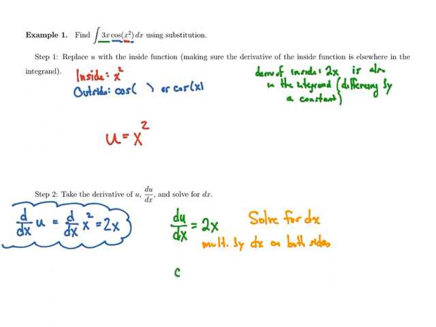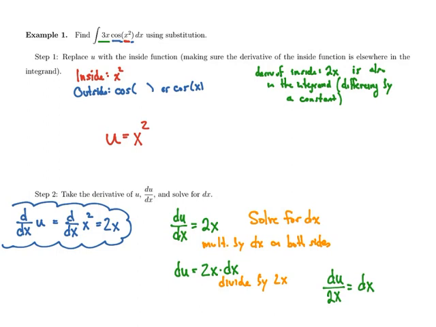So we do that, we're going to have du equal to 2x times dx. And if I want to solve for dx, then I'm going to now divide by 2x on both sides, and that's going to give me du over 2x is equal to dx. And that's what I want to do in this step. I want to find the derivative, and I'm going to solve for dx.